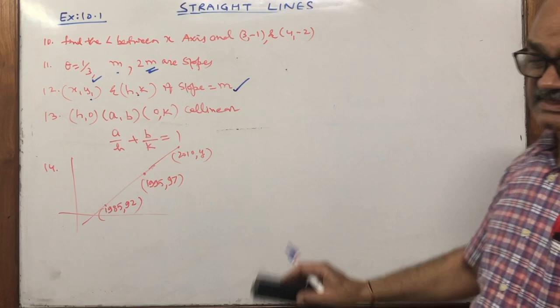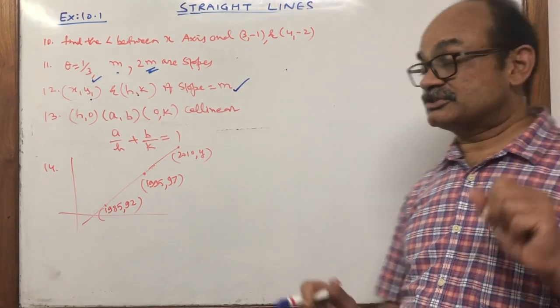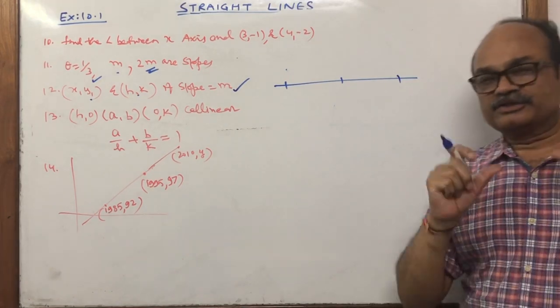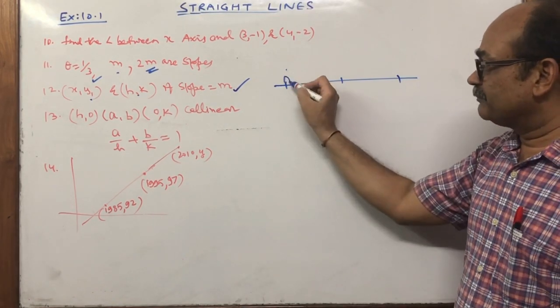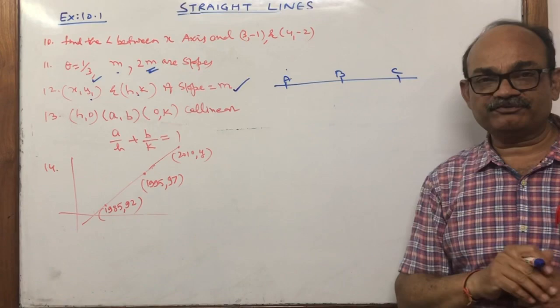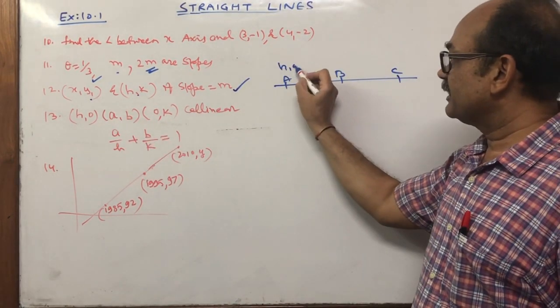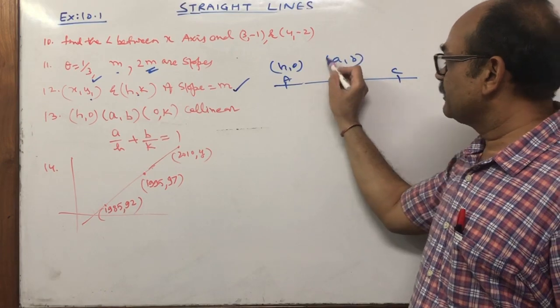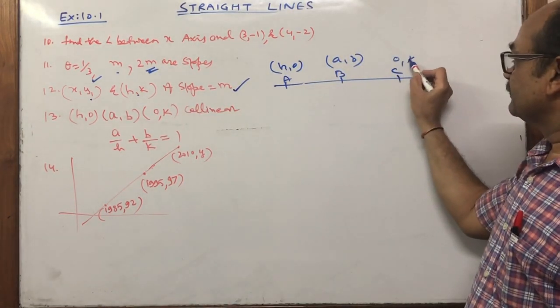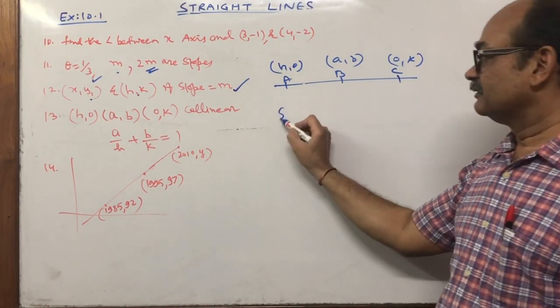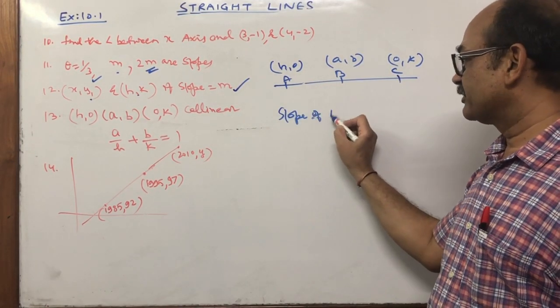Points are on the same line. This type of question we have already completed. Using the slope method, slope of AB is same as slope of BC. The same is here: h 0, A B, and 0 k. You know, slope of AB, how we calculate?